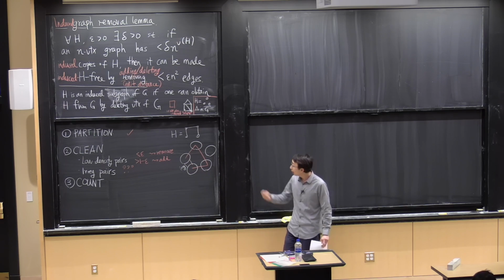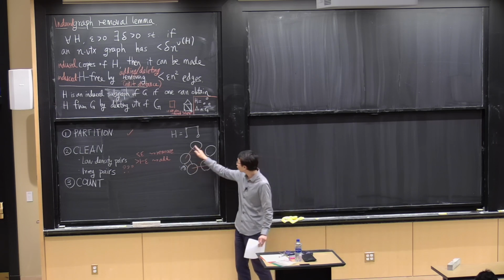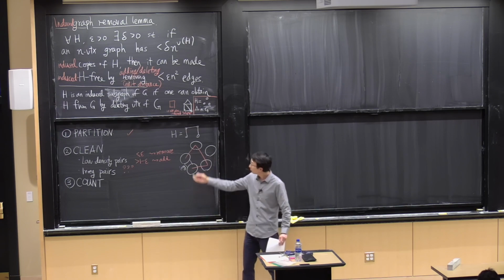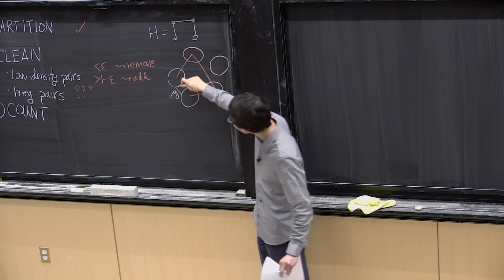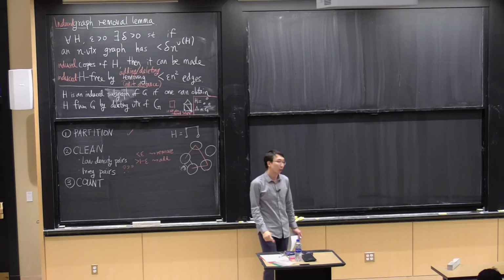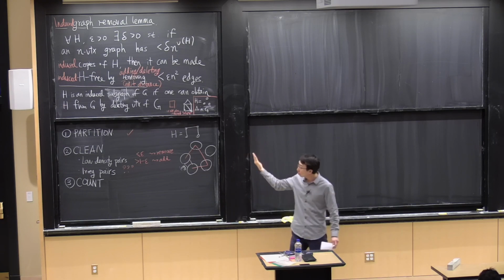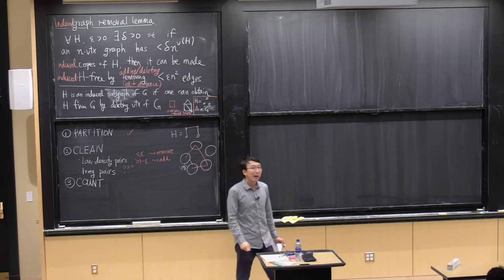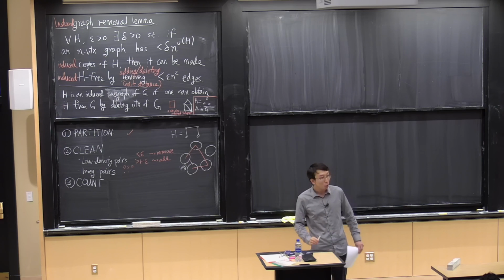And now you don't have a counting lemma. You cannot say, I found this copy of H in my changed graph, and by the counting lemma, I could get many copies of H, because you have no control over this irregular pair anymore. So the fact that you have to add and remove makes it unclear what to do here, and this is a big obstacle in the application of the regularity lemma to the induced removal lemma.